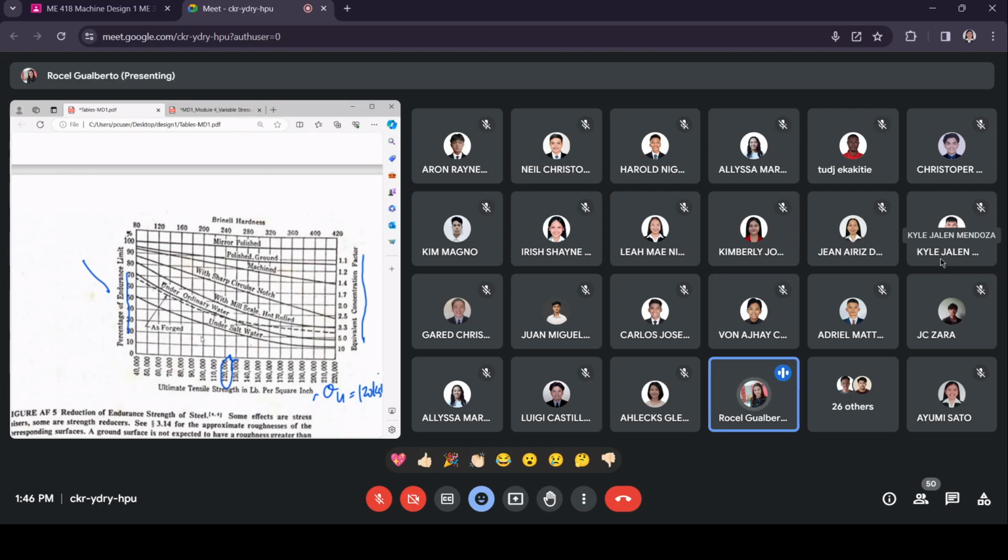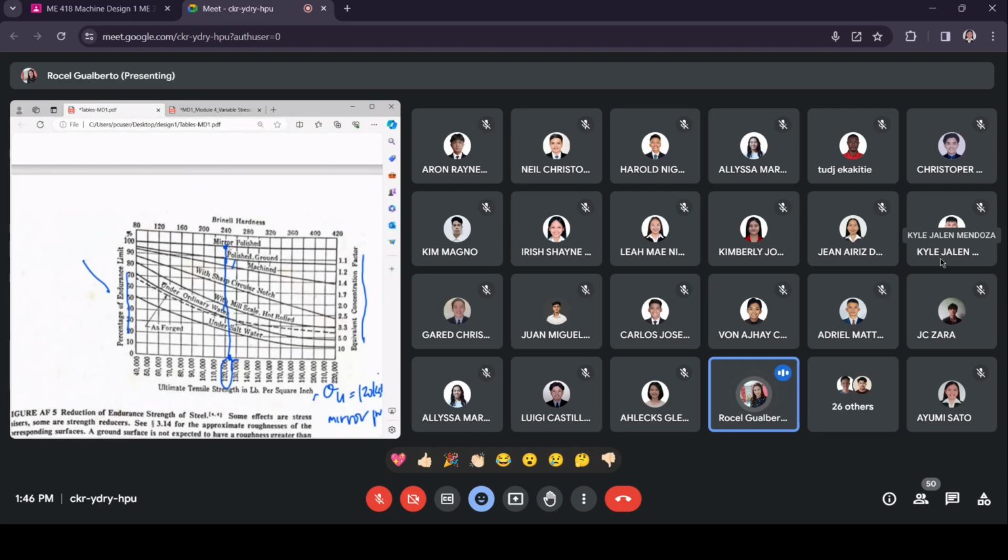Say, for example, you are given sigma u equal to 120 KSI and mirror polished. How would you take the value of the surface factor? You have your 120 KSI, and then you go to the mirror polished curve.